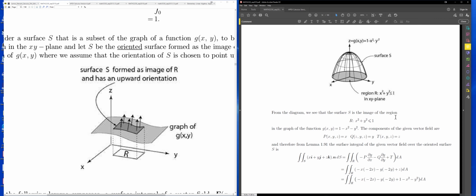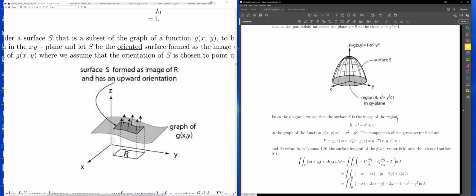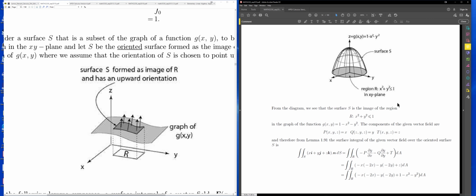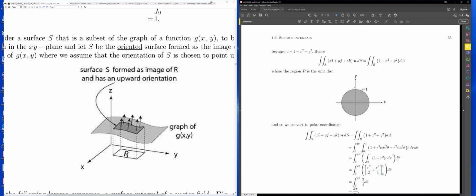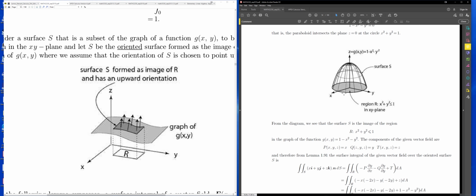And this circle is x squared plus y squared equals 1, with the additional information that z equals 0. So it's a circle of radius 1 that lies in the plane z equals 0. That is how you get the bounding circle for your disk here.